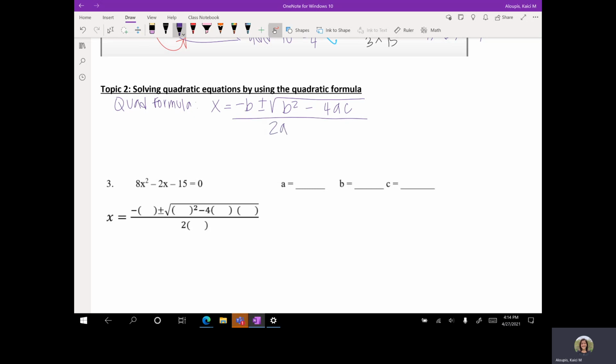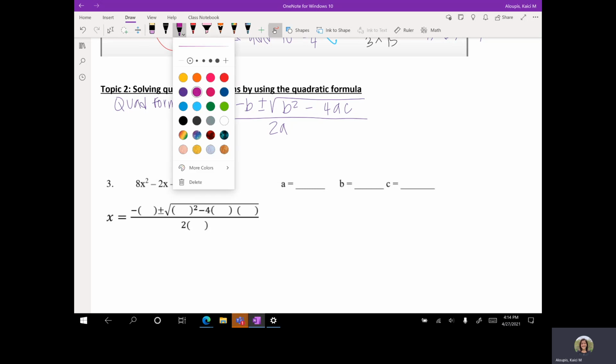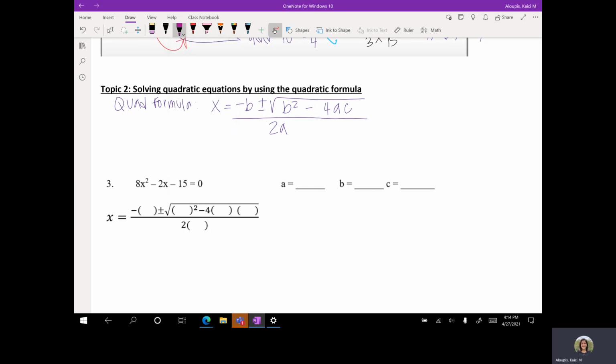And you might be asking, what is a, what is b, what is c? Well, that's where we have to talk about the standard, also known as general, form for quadratic equations.